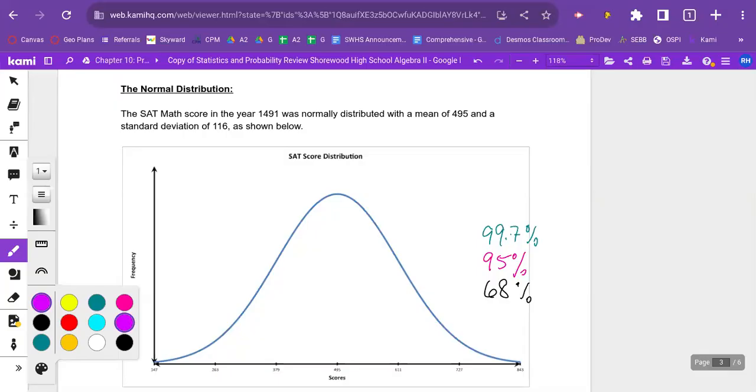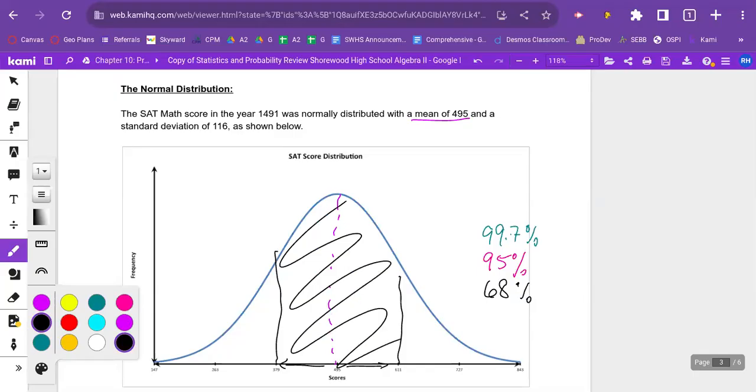And so if we look at this first problem, we've got the mean at 495, which is directly in the center there. So this is our mean. And if I go one standard deviation away, that means that this region, up until these 2 points, is going to be 68% of your data. Similarly, if we go 2 standard deviations away from the mean, so 1 standard deviation and 2 lands me here, in both directions lands me here.